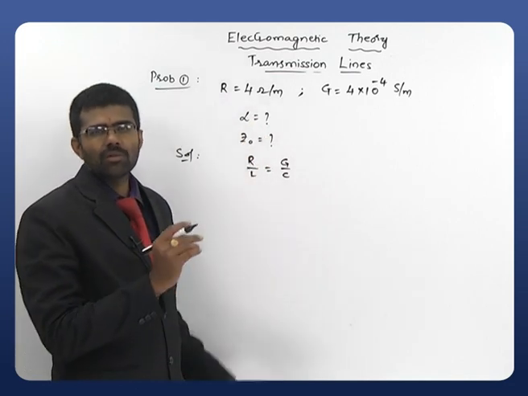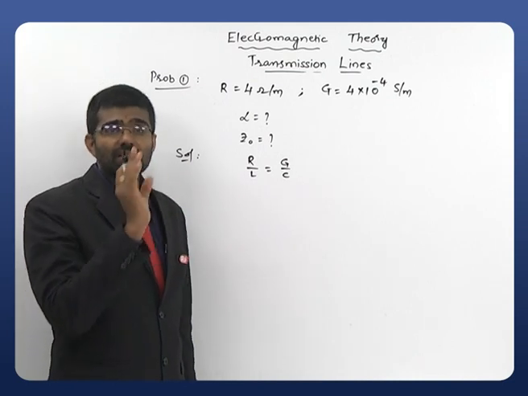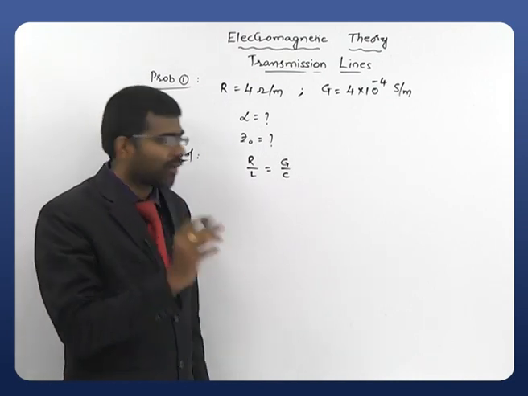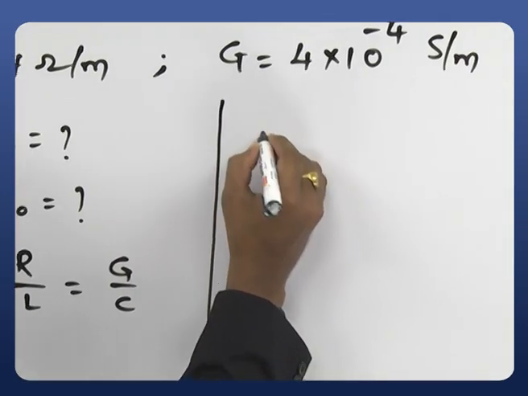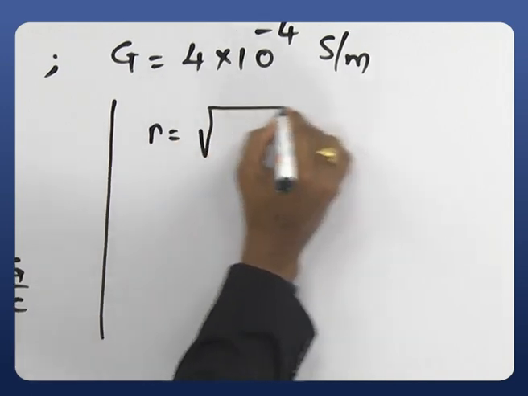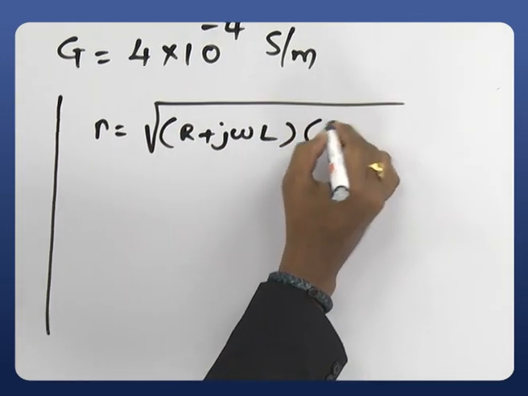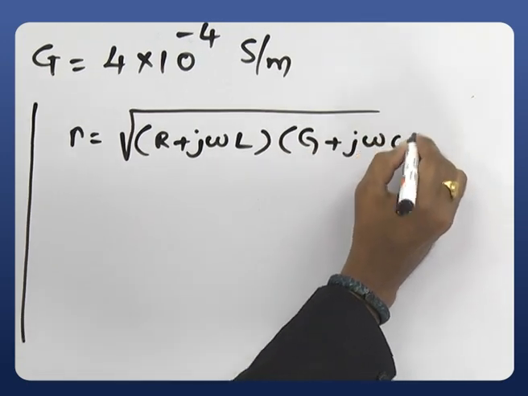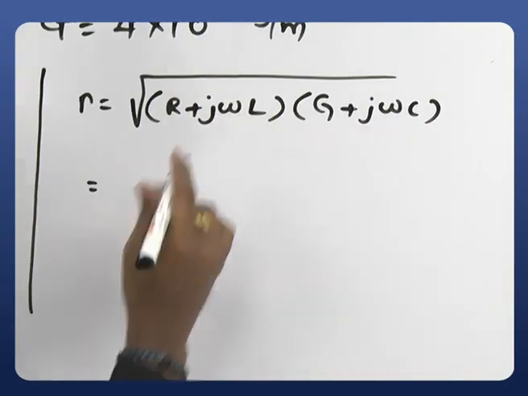Once again, don't remember the formula for alpha and Z naught. Just remember the formula for gamma and Z naught as their original formula. What is the formula for gamma? Gamma is equal to square root of (R plus j omega L) multiplied with (G plus j omega C). Now take L common from the first term and C common from the second term.